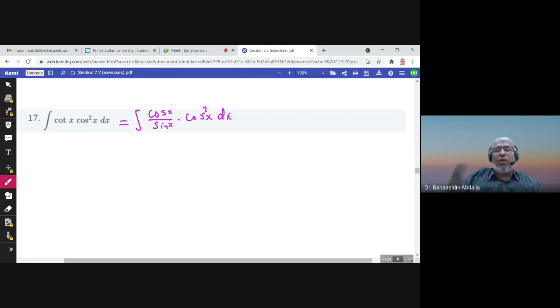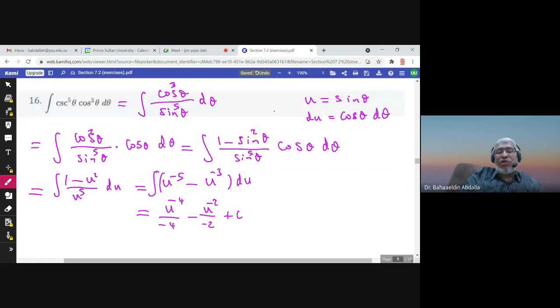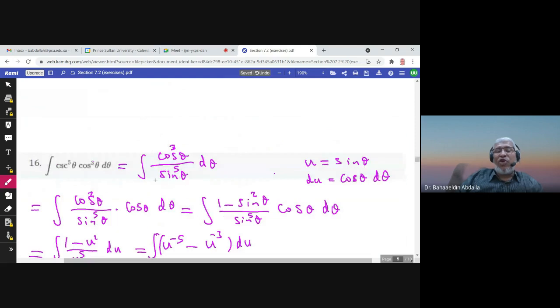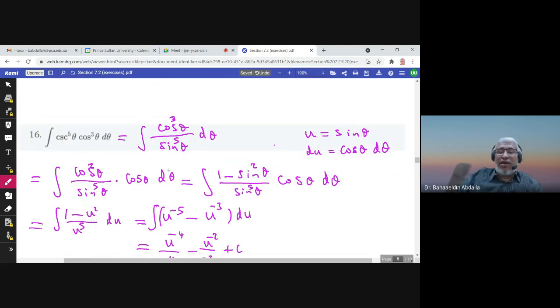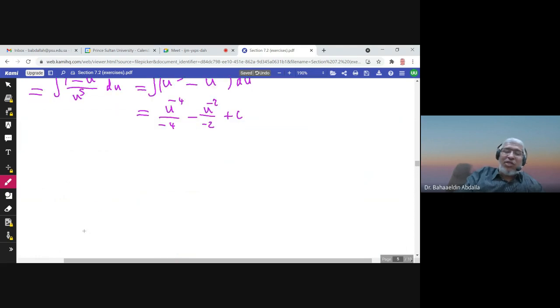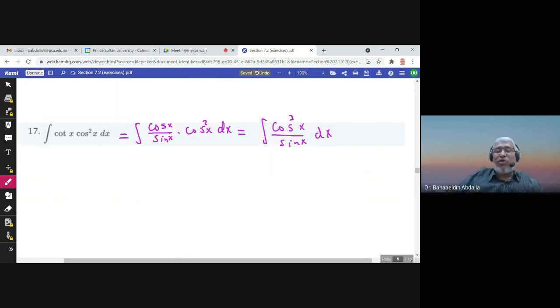So this would be cosine times cosine square is cosine cube over sine x dx. And this would be exactly the same question because we have here cosine cube over sine 5. So just instead of sine 5, I have sine. So I'll do the same steps, but instead of u to the power 5, it would be u. So the integral would be easier. So please continue this integral.